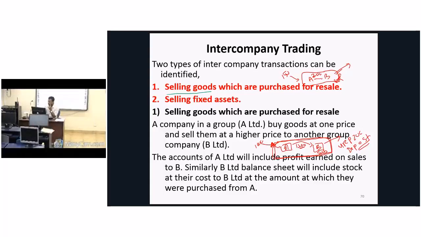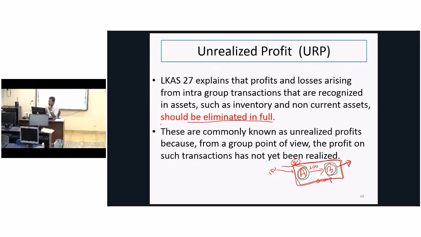Then first part, look at this kind of thing. Let's assume in this example I have drawn here, it's easy to understand. You buy something for 150 from outside to entity A and you sell it to entity B inside the group for 200. Now look what has happened. Entity A purchased some goods from outside, then it will be recognized by A as their own purchase.